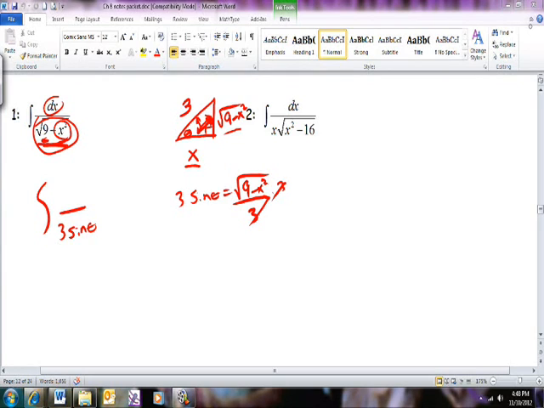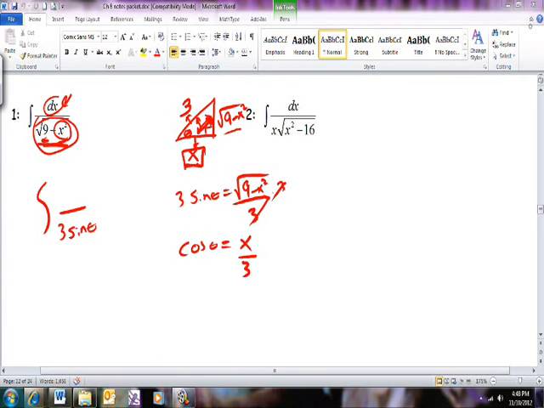Now the only thing is I need this dx to be in terms of theta. So I need to go back to my triangle, and I need to write a trig function that relates x to theta. Now I want to avoid the opposite because it brings in that square root. So x is my adjacent and the 3 is my hypotenuse. So that's a much easier thing to use. So we use cosine of theta equal to x over 3, adjacent over hypotenuse.